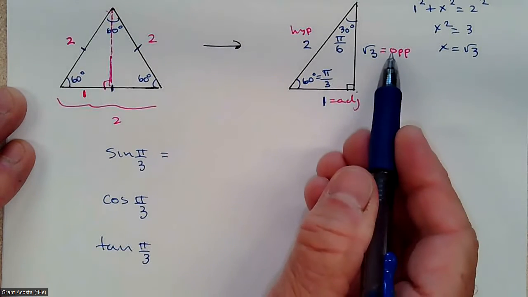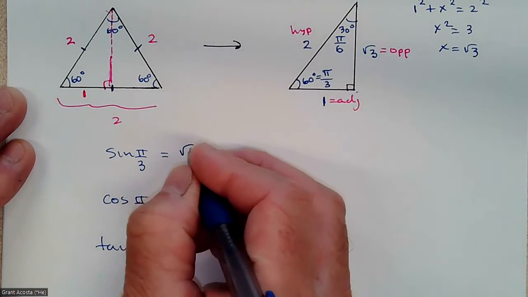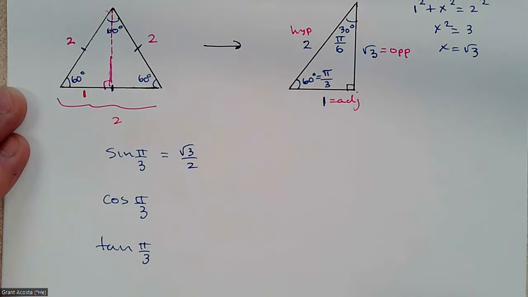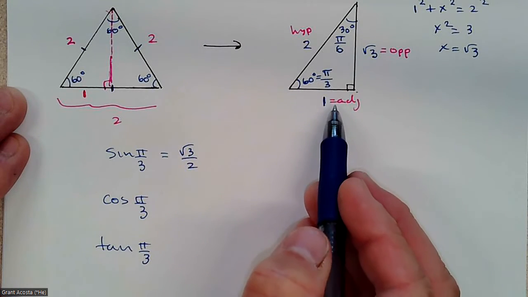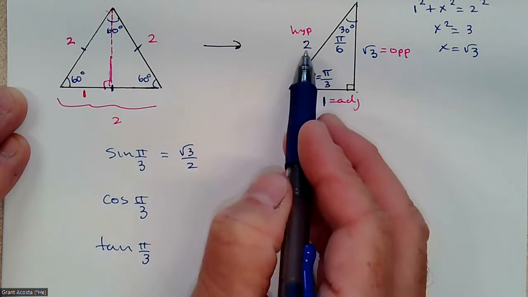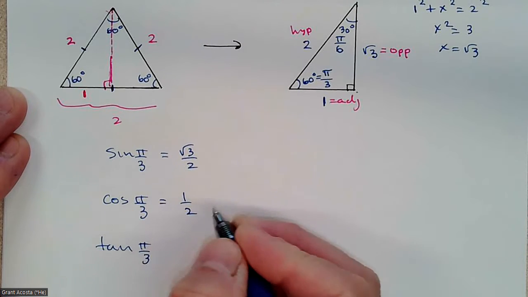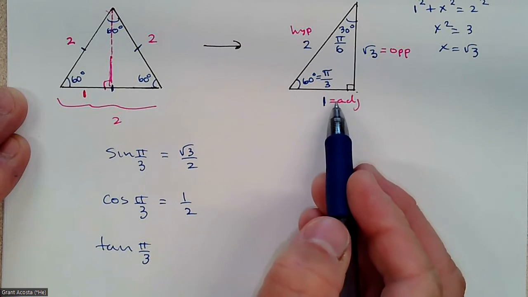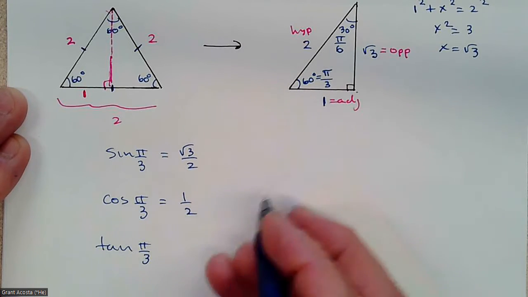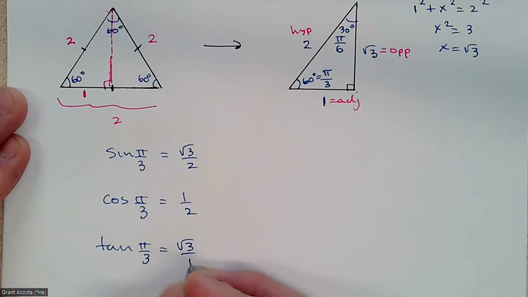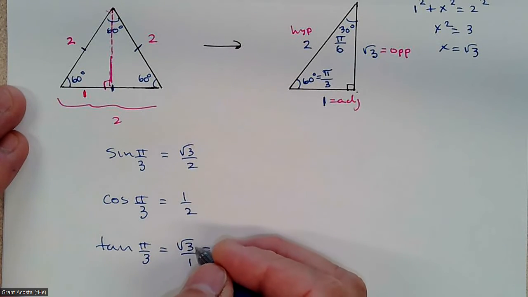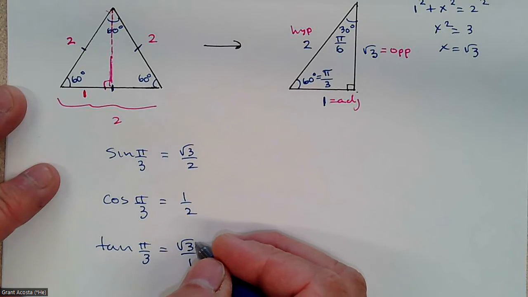Sine of pi over 3, opposite over hypotenuse gives me the square root of 3 over 2. Cosine, adjacent over hypotenuse gives me 1 over 2. And tangent is opposite over adjacent, the square root of 3 divided by 1, which is just square root of 3.